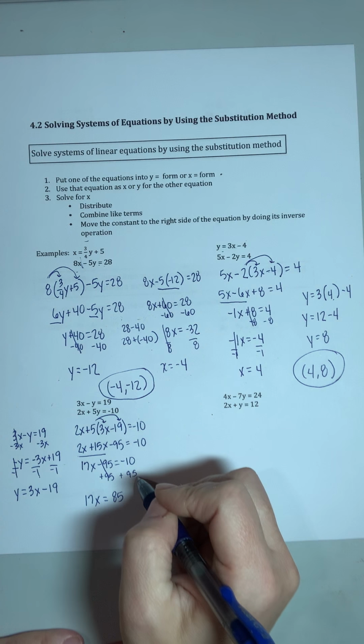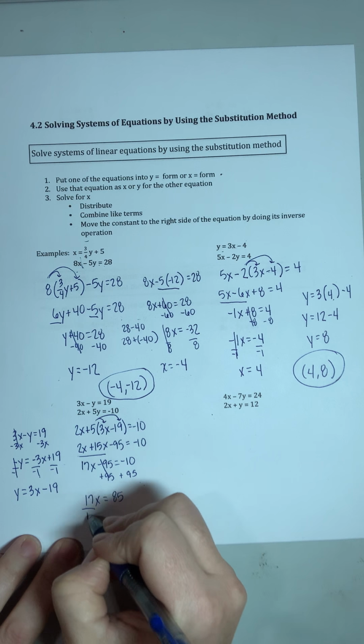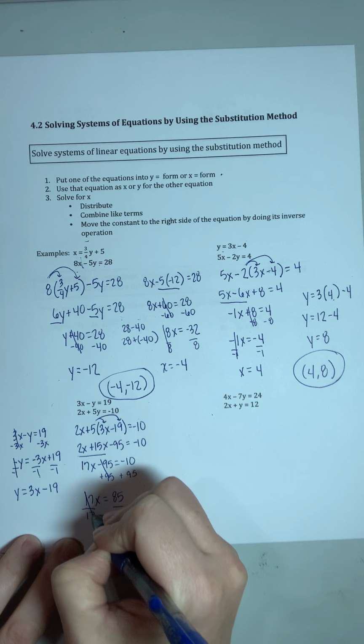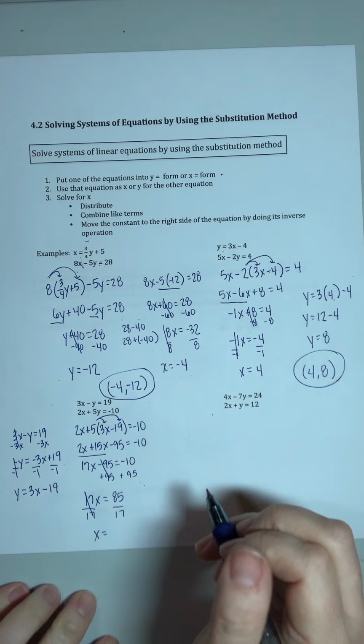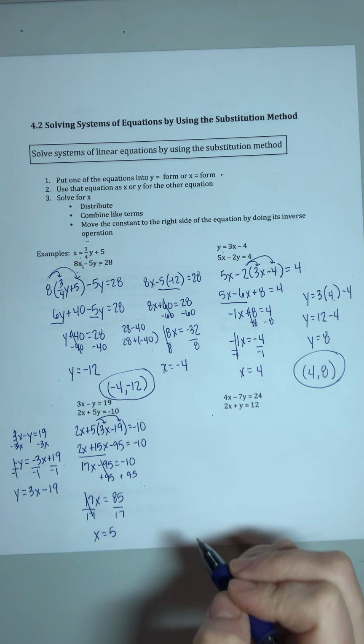And 95 is bigger and it's positive, so it's positive 85, divided by 17. All right, so 85 divided by 17. You guys can use your multiplication chart. I'm going to use my whiteboard here because I don't have my multiplication chart. And I get 17 times 5, so x is 5.